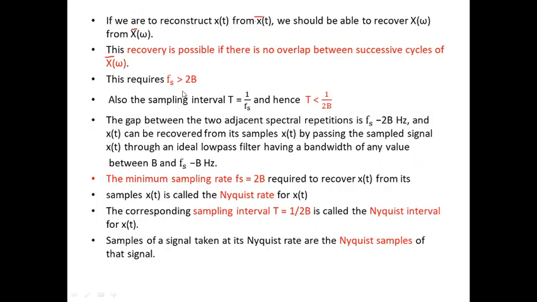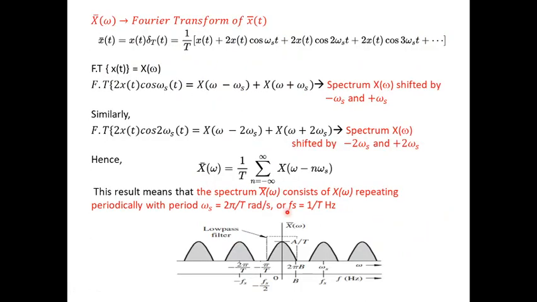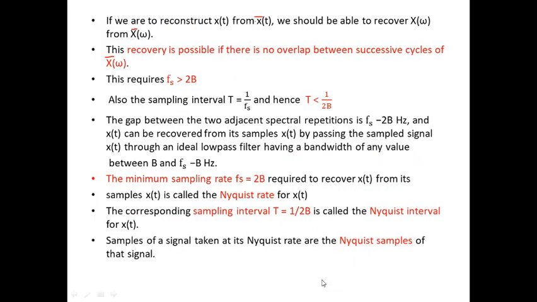So this requires that Fs is greater than 2B. Hence it is very clear that this is Fs and this is B. So this Fs should be sufficiently greater than, or at the minimum equal to, 2B, so that recovery is possible.